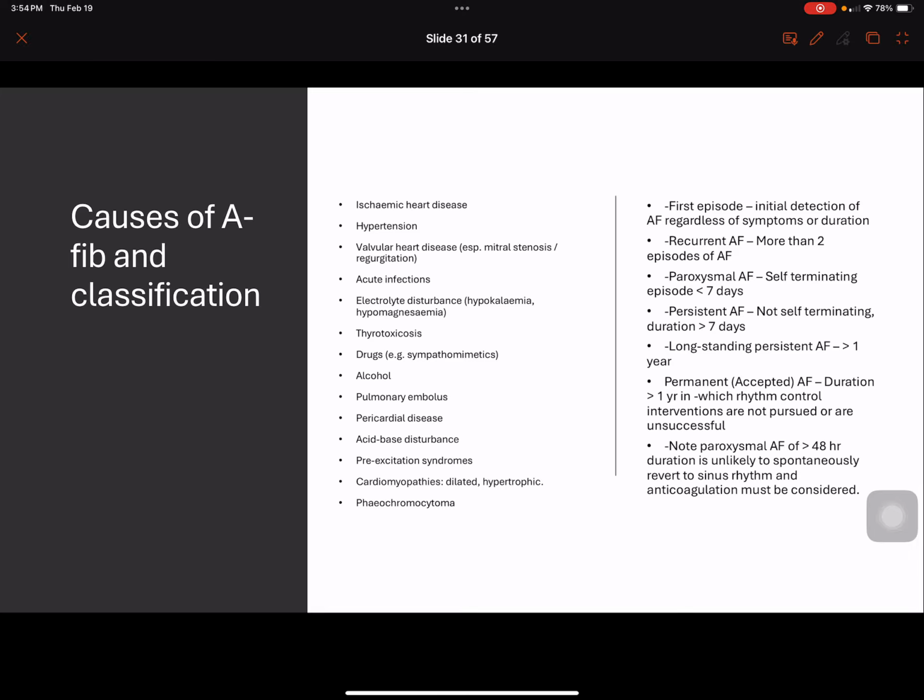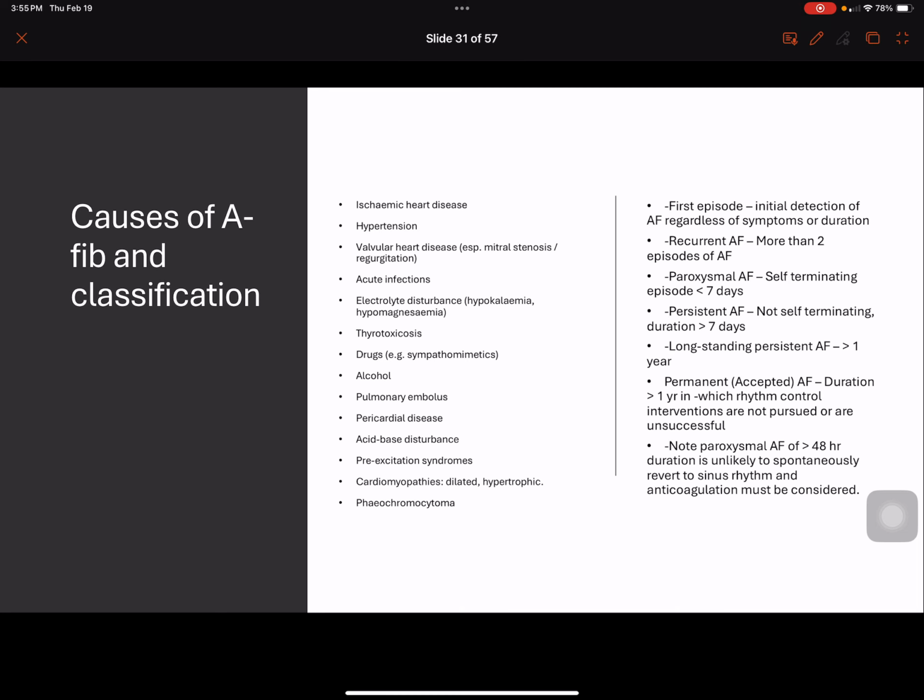Persistent AFib doesn't terminate and lasts longer than 7 days. Long-standing persistent AFib lasts longer than 1 year. Anytime we're in these longer-lasting types, the risk of stroke goes up significantly. And then permanent AFib is where we have unsuccessful treatments and AFib over a year.